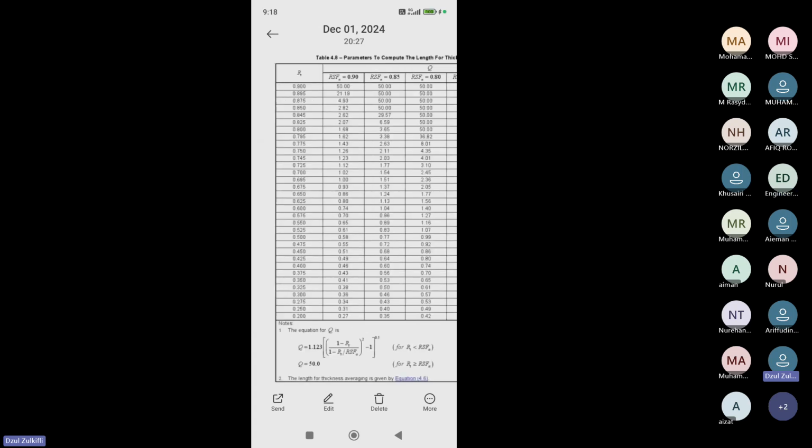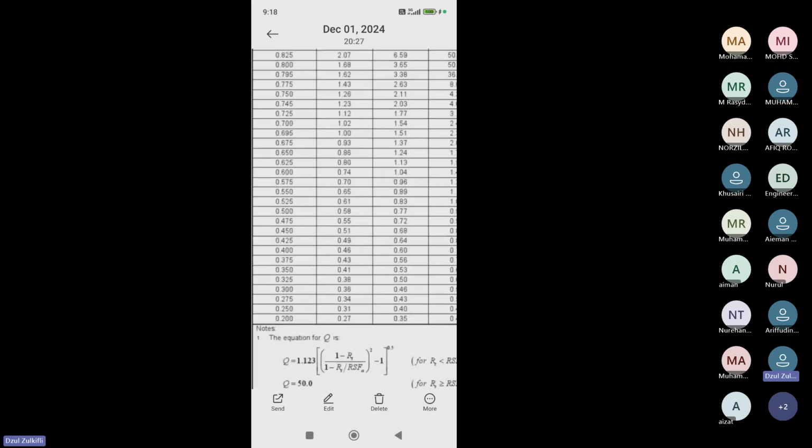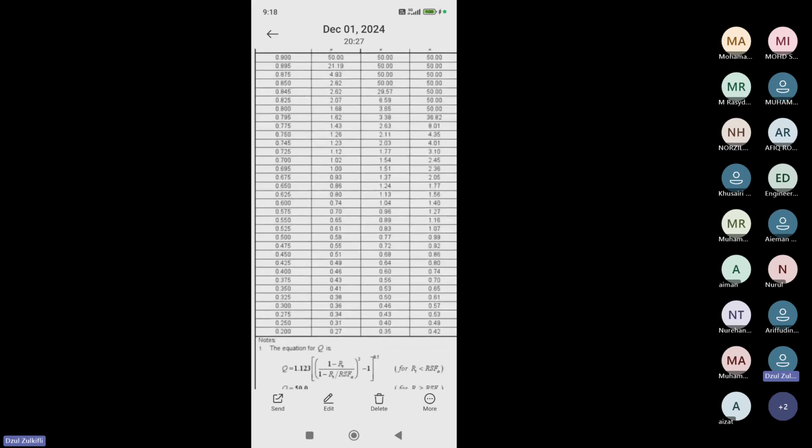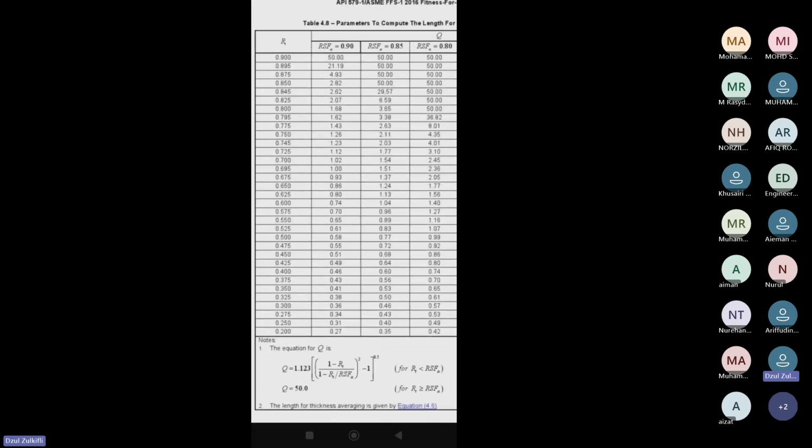Okay, the exercise here that I want people to do is this calculation, the equation for Q. Don't use the 50, use the one above: 1.123 times the square root of [((1 minus RT) divided by (1 minus RT divided by RSFa)) squared, minus 1]. RT is our thickness ratio, which is 0.4, the ratio of the worst to the best that we calculated earlier. For RSFa take 0.9, which is the default value in FFS, a typical constant. RSF is remaining strength factor.